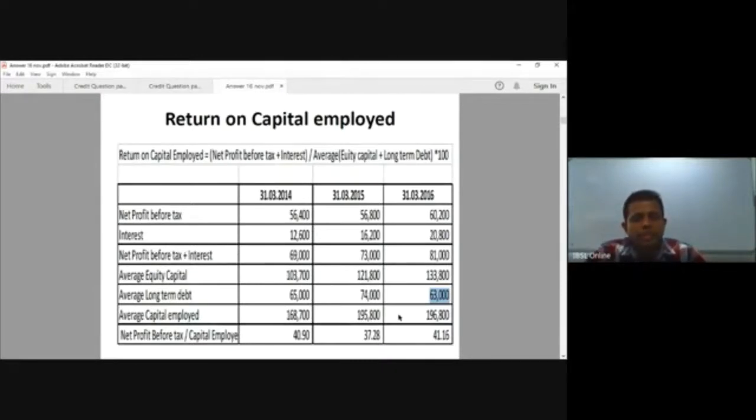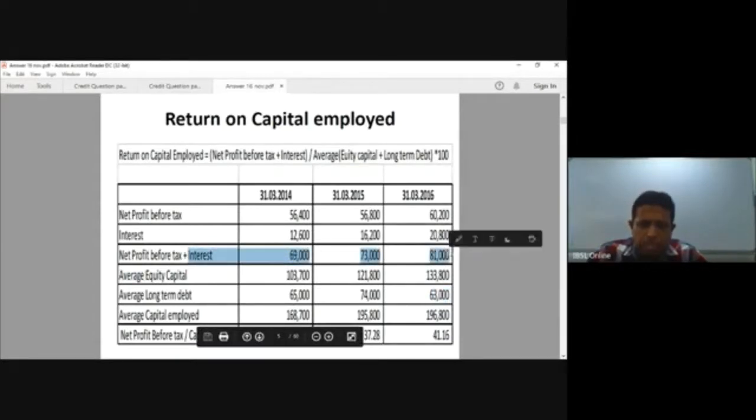Then take the net profit before interest and tax, this line item, and divide it by the average capital employed, this line item.